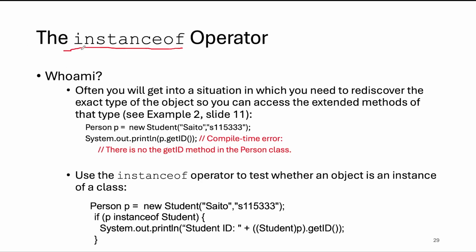Let us look at the previous code. Here we have a parent class called Person, and then we have a child called Student. Now a Person object P is holding an object of the Student.